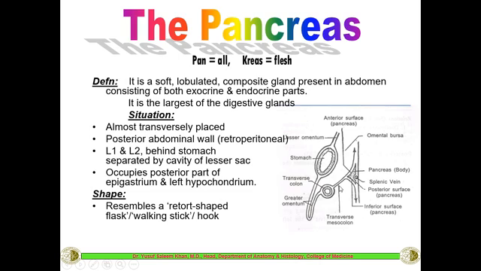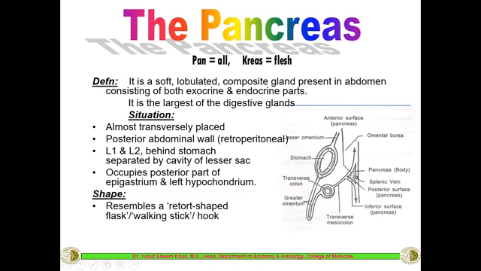It is present behind the transverse mesocolon, behind the lesser sac as well as the greater sac. The position of this gland is almost at the level of the L1 and L2 vertebrae. Whenever you talk about fixed structures, you always correlate with the vertebra, especially in the thorax region, and because this is in the abdomen, it is in relation to the L1 and L2 vertebrae, and it is behind the stomach.